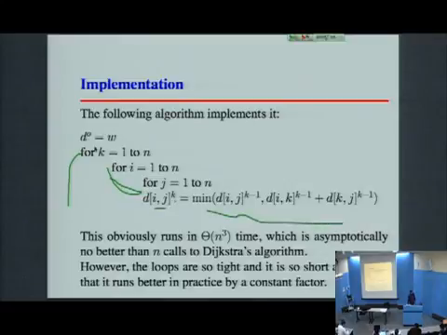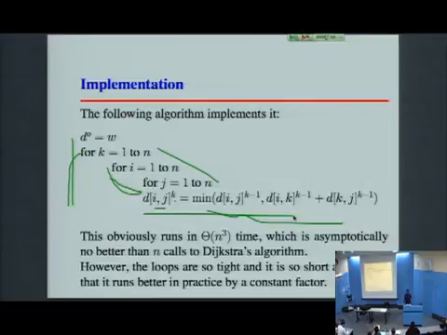I start with k equals 0, then k equals 1, 2, 3. In general, I have 3 loops, each of which goes from 1 to n, and inside is constant time. This is an n cubed algorithm for all pairs shortest paths. Any questions about it? Okay?